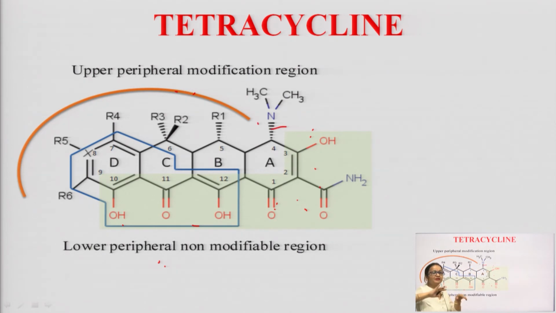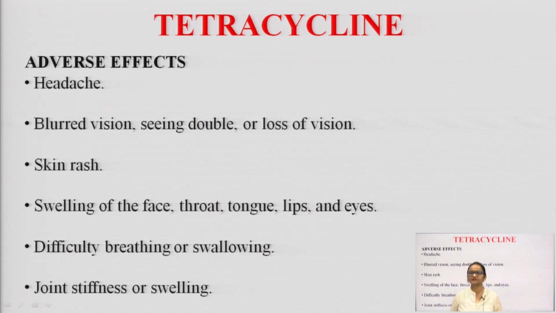You have to see the plane, the plane should be the same, that if N(CH3)2 is in the upper portion, then all the things can be modified here. But if we rotate this anti-clockwise and it comes in the lower region, then they can be modified, right. You should keep this thing in your mind. Don't get confused by only writing or remembering upper peripheral and lower peripheral. Getting? Okay. So this is all about the SAR of tetracycline.